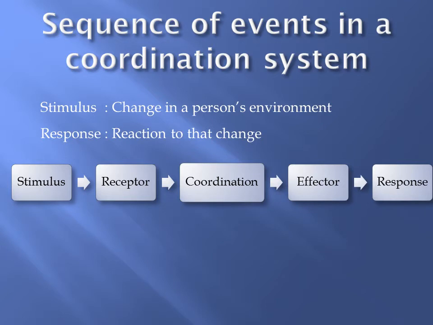First, when we get a stimulus, it informs the receptor, and from that receptor the coordination happens accordingly, and it brings that message to the effector, and the effector does the response.